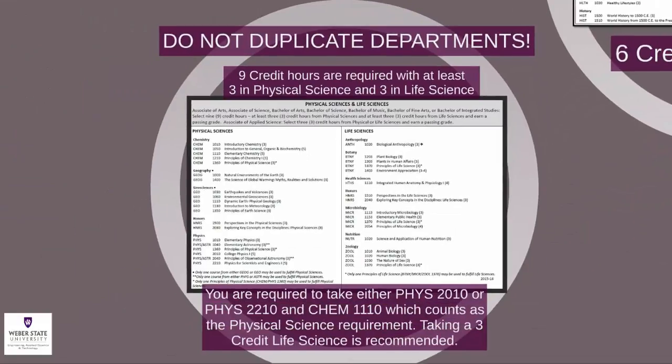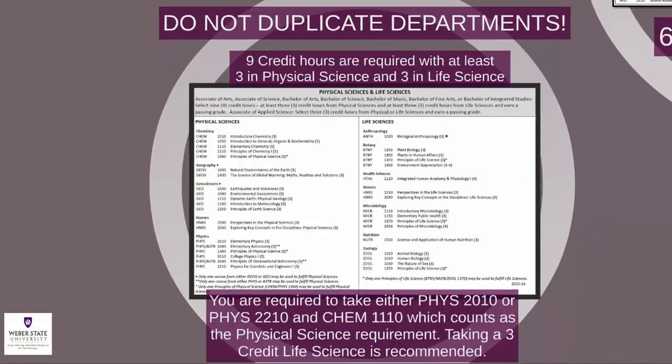The last portion of your breadth requirements is the physical and life sciences, found on page 3 of the general education requirement sheet. This requirement works much like the creative arts and humanities in that you need to complete 9 credit hours. Of those 9 credits, you must complete at least 3 credits in physical science and 3 credits in life science.